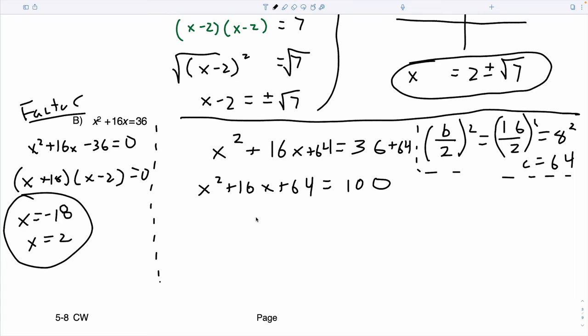Can I factor the left side now, Kylie? What do I get? Good. You now have a problem where you can take the square root of. Addison, when I take the square root, what happens to the right side?